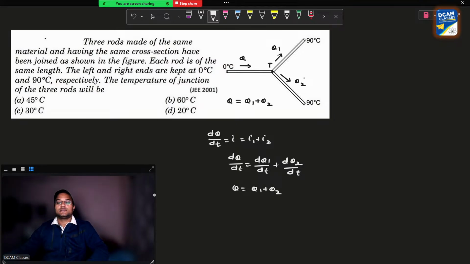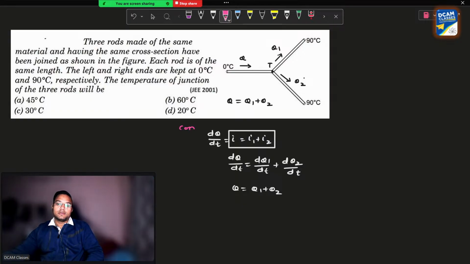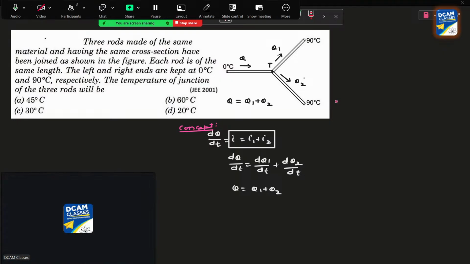You have to do it like current. This is a major concept using which you will be solving. Now solve it. It's easy for you, but it was in JEE Advanced 2001.